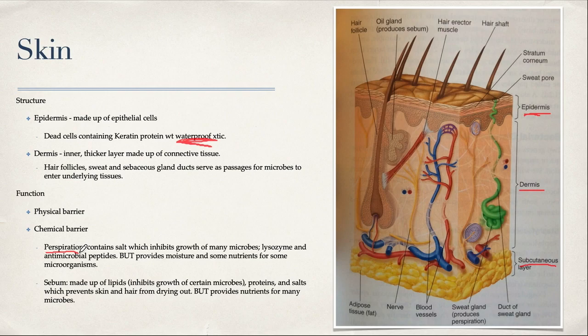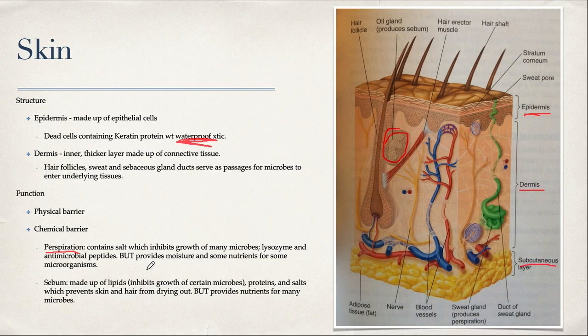And then we also have the oils that are produced by our skin, the sebum, from the oil glands. So you see these glands here. And these contain lipids that also tend to inhibit the growth of other organisms. It has some proteins in them and some salts that would also prevent the skin from drying and keep them moist.